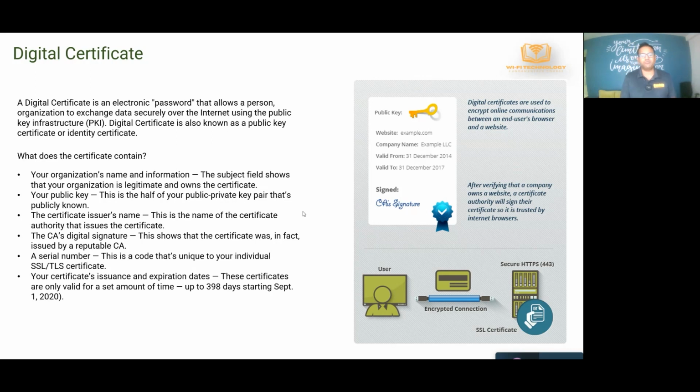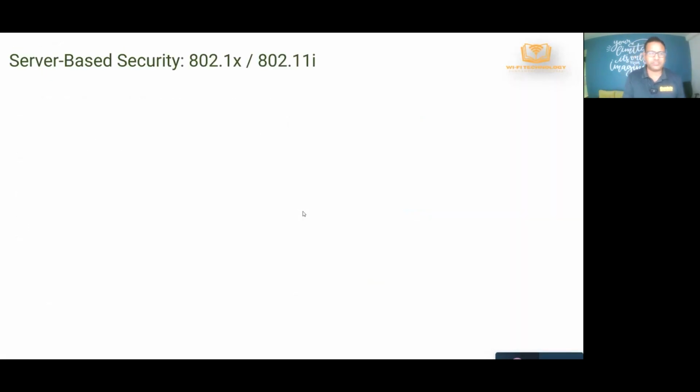You have some form of certificates that are used. And normally, a certificate contains information about the organization, its public key, and who issued the certificate. There's a certificate signing authority, and then other details about the certificate. So normally certificates are also used for the mutual authentication process in the enterprise network.